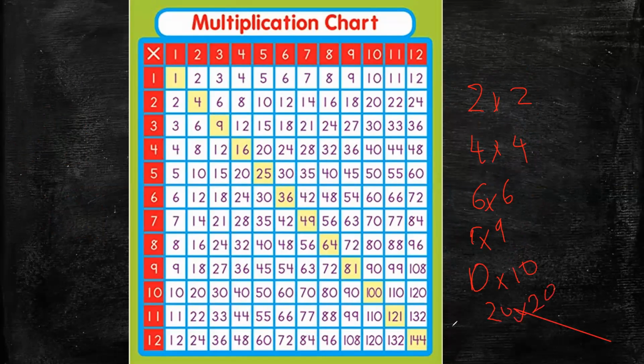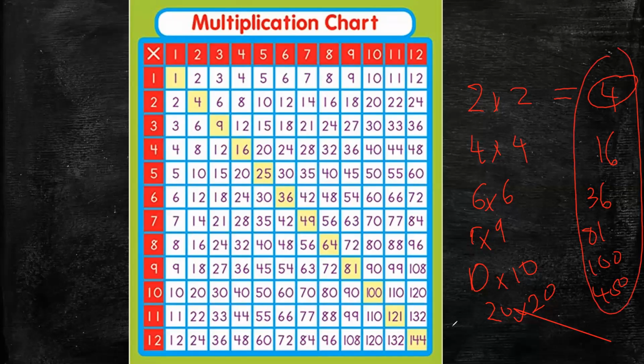If I multiply a number by itself, this answer is a perfect square: 4, 16, 36, 81, 100, 400. All of these numbers, I call them perfect squares because they come from multiplying two same numbers with each other.